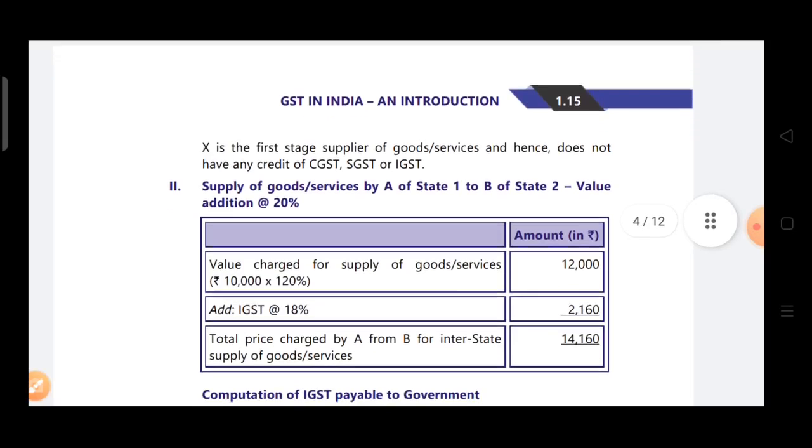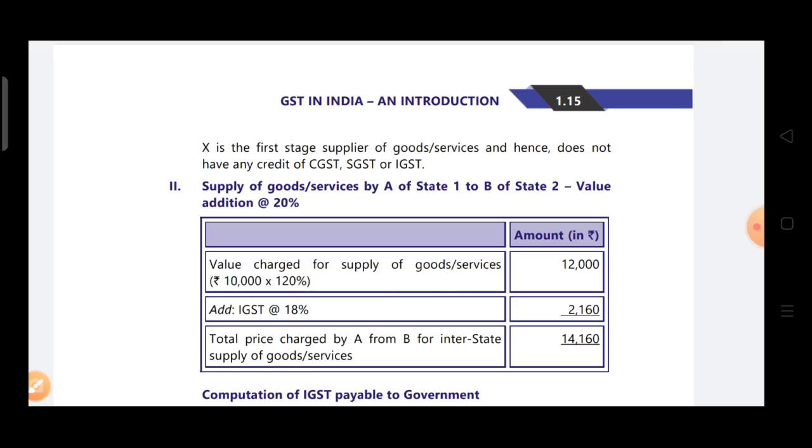Now see the second case. This is the continuation of the first one. Now in this, what happens? Supply of goods or services by A of state 1 to B of state 1. Now it is a supply that takes place between two states, means it's a case of interstate supply, and value addition in this case is 20%.